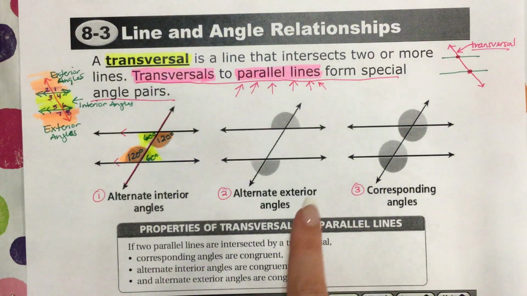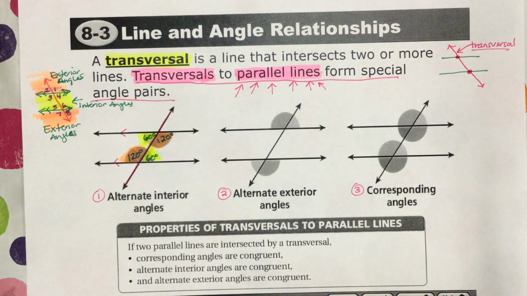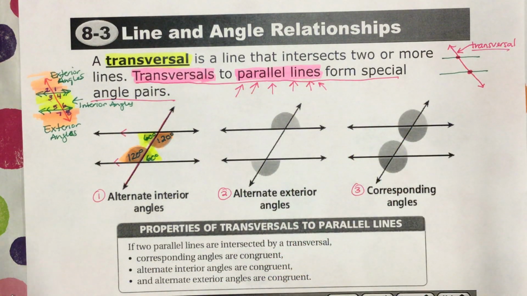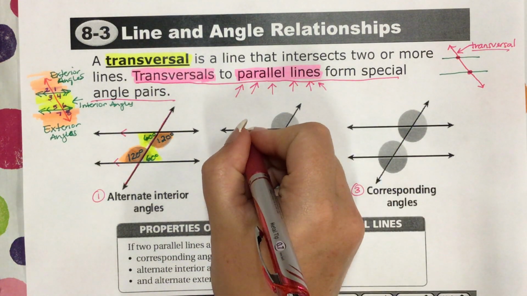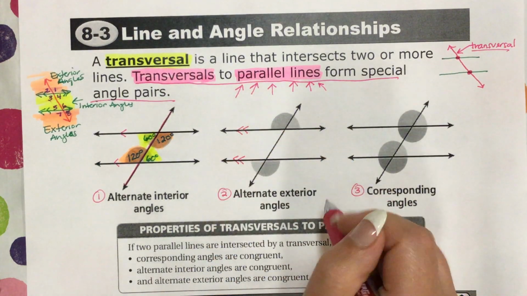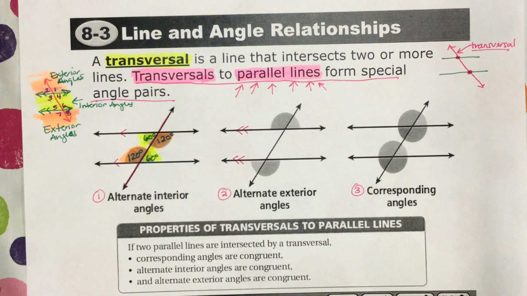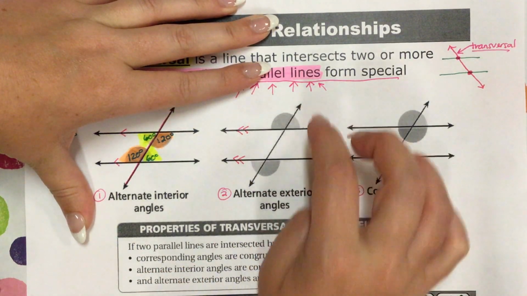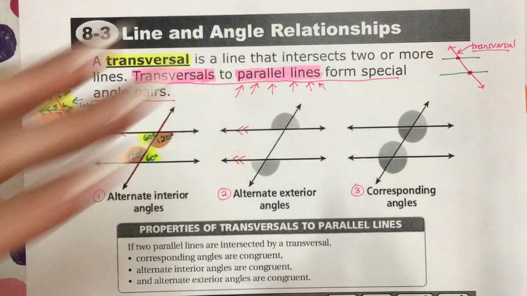Let's go ahead and move on to alternate exterior angles. So now we're not talking about interior angles, the things inside the parallel lines. Let's go ahead and say that these lines are parallel. I'll use 2. We're talking about alternate exterior. So we're talking about the angles that are outside of the parallel lines here.